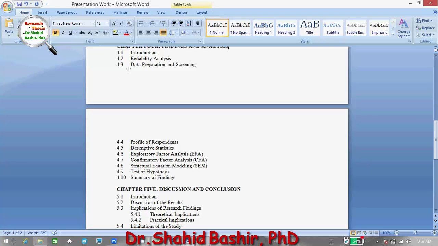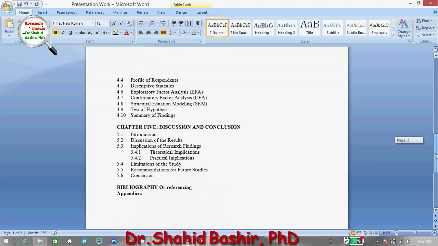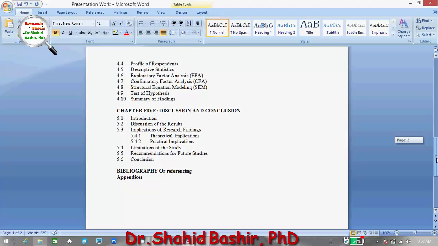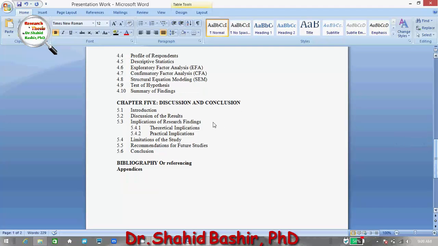Then any sort of data preparation and screening and discussion of the profile of the respondents and descriptive statistics, exploratory factor analysis, confirmatory factor analysis, and structure equational modeling.